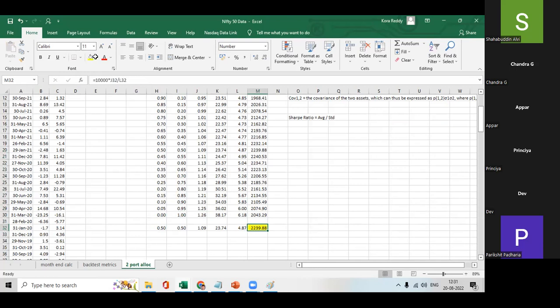So how many of you used Excel Solver? How many of you are data engineers? So you might not have come across it.